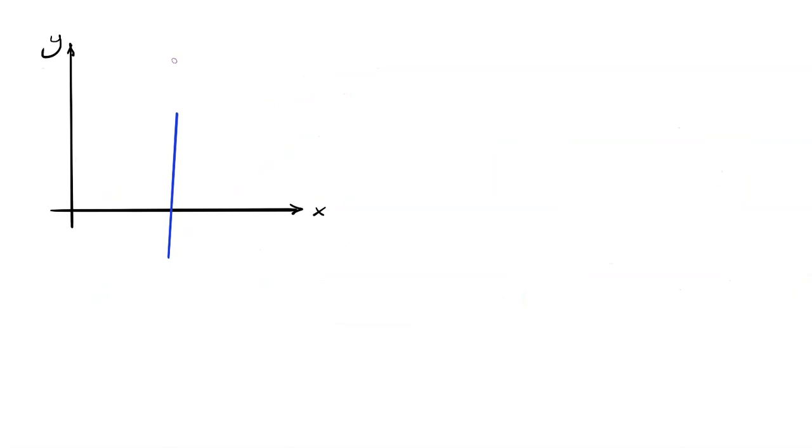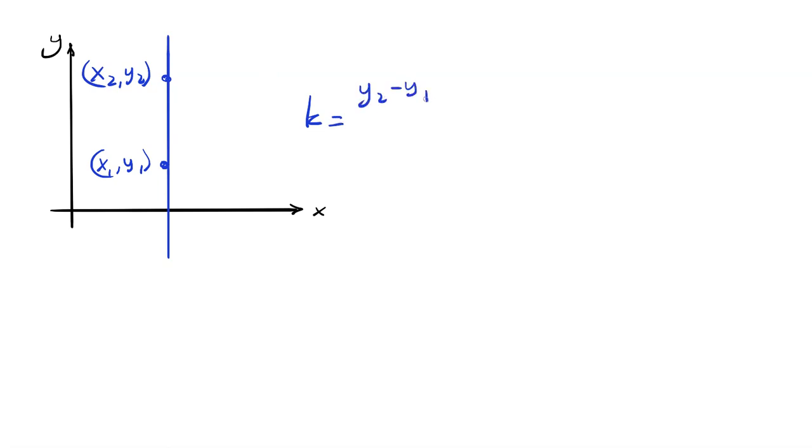If I have a curve looking like a vertical line, what will be the slope of this line? If I take 2 points here, x1, y1, and x2, y2, and try to calculate the slope, then we see that this is equal to 0 because the x coordinates are the same.